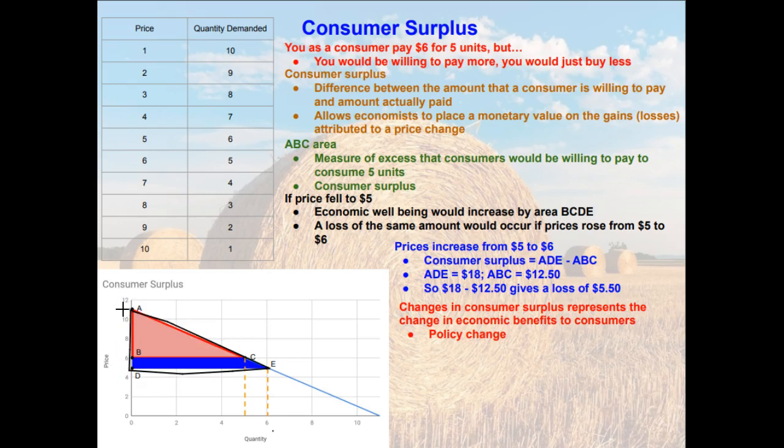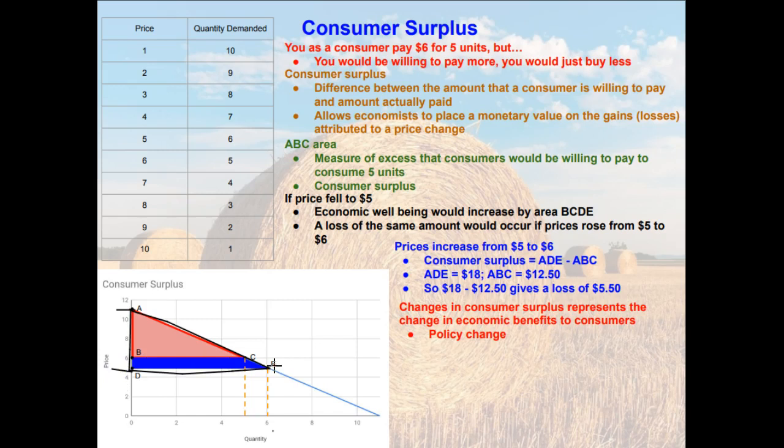Well, we take the price up here at point A, so that would be $11, minus the price down here at 5, so that's a grand total of $6. The difference between 11 and 5 is 6. And then we take the actual amount consumed from 0 all the way out to 6. So again, we have the price change of $6 and the quantity change of 6.